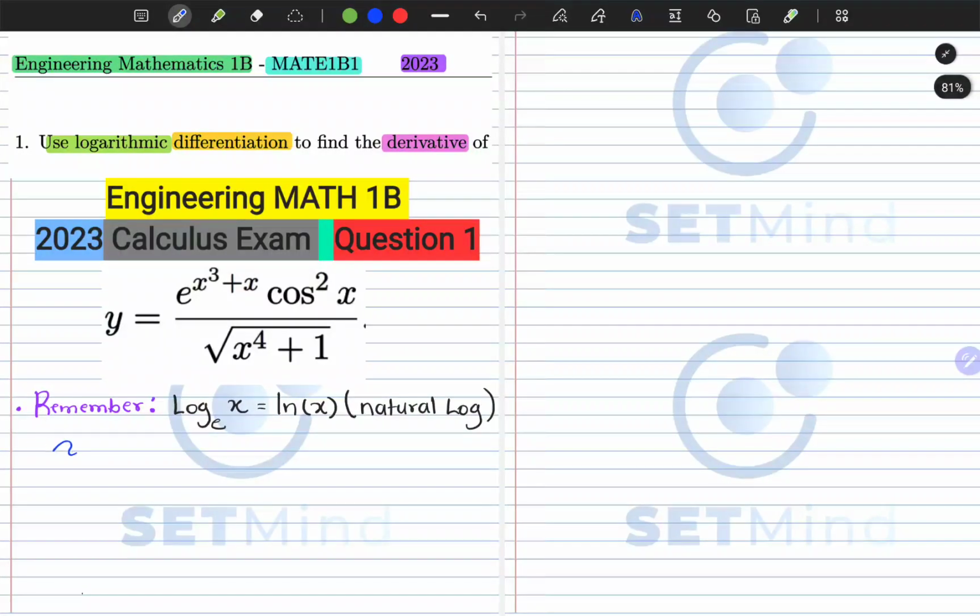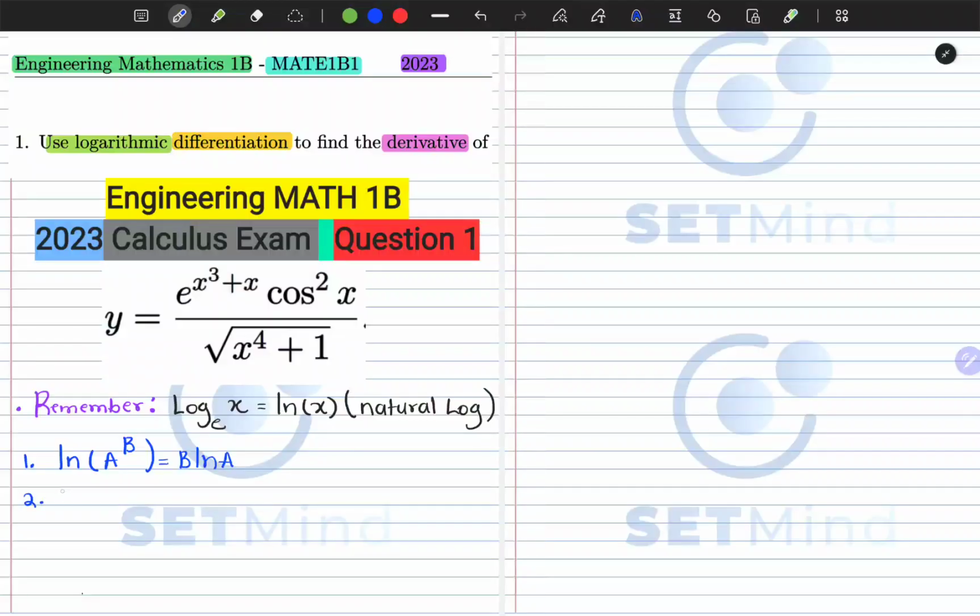Okay? So what I need you to remember is 3 properties that are related to logarithmic functions in general. If ever you are given ln of a to the power of b, this is the same as b ln of a.